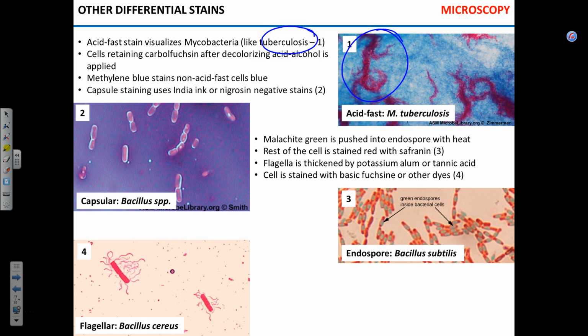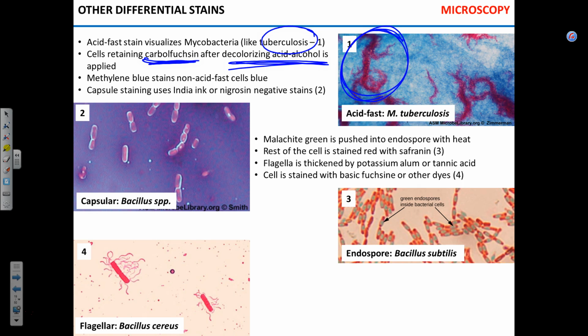The difference is different dyes. Again, cells like mycobacteria, they retain a special dye after treatment with a special decolorizing solution. Okay? You can see them stained red here. Okay?